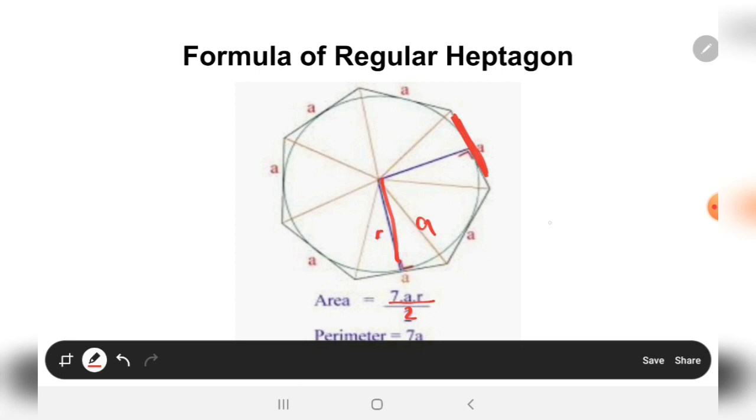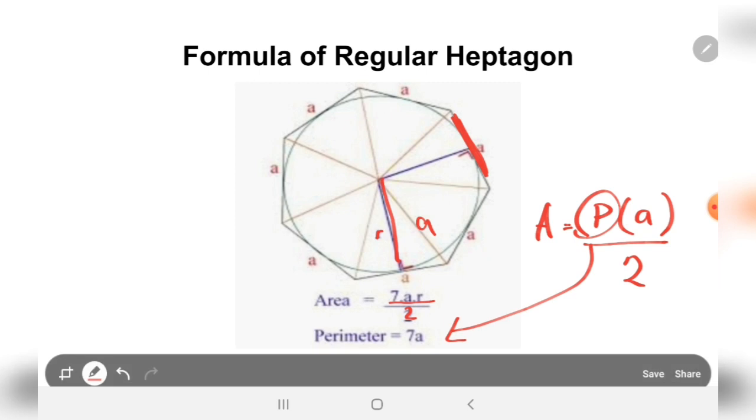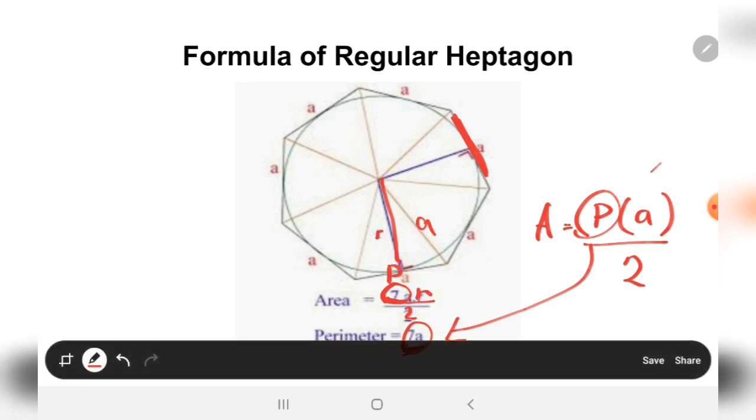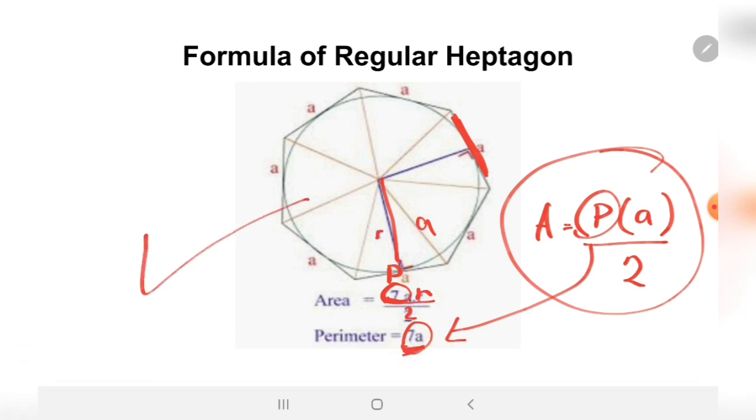Then to get the perimeter, 7 times the side, or the same also, perimeter times the apothem divided by 2, because in getting the perimeter we add all the sides. That's why we have 7A here. This 7A is the perimeter, and this R is the apothem. So the same.